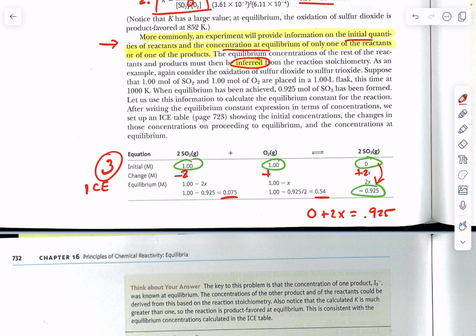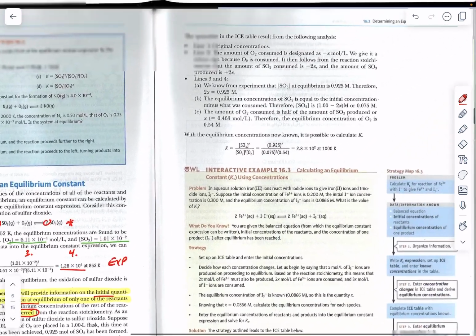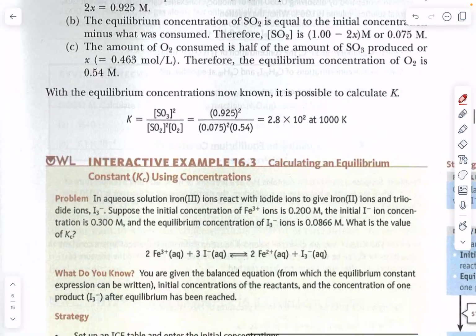And then we can subtract that value, which we do right there, from my initial molarity of oxygen, and we can subtract 0.925, the 2x, from 1 molar, the initial molarity of sulfur dioxide, and now we have all 3 of the values I need to plug into my equilibrium expression, which is what we do right here.